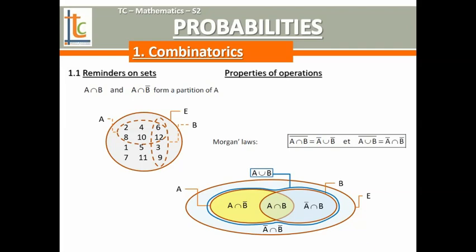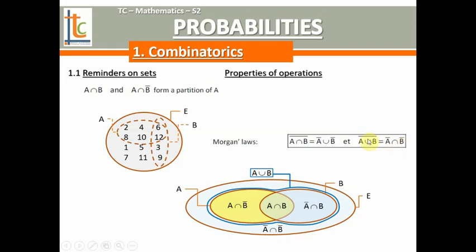Inside E, you can be inside A union B or outside. And of course, the outside of A union B can be written A union B with a bar. But we already named this outside. It was A bar inter B bar. We knew that. So yes, this law is true: A union B with a bar is A bar inter B bar.